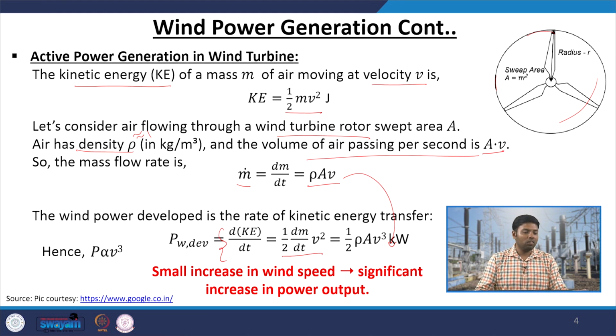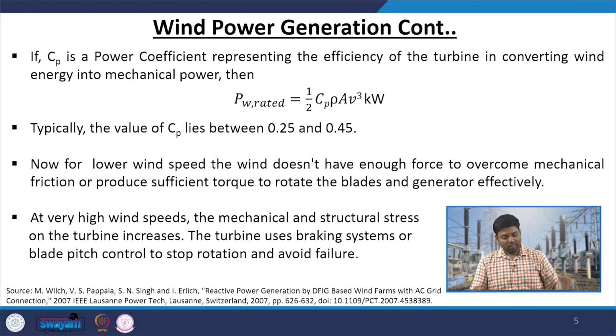That is not the actual power generation, that is the maximum amount of power you can generate if your wind is blowing at a speed v. So, you can see that the rated power generation is proportional to the cube of the wind velocity. That means, if you have a small increase in the wind speed, then you have a large increase in your power output. That is the main methodology of wind power generation.